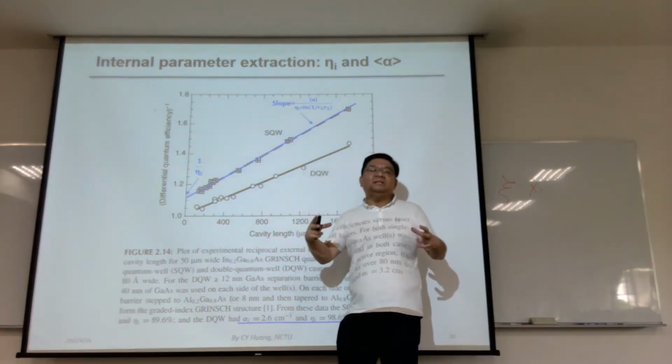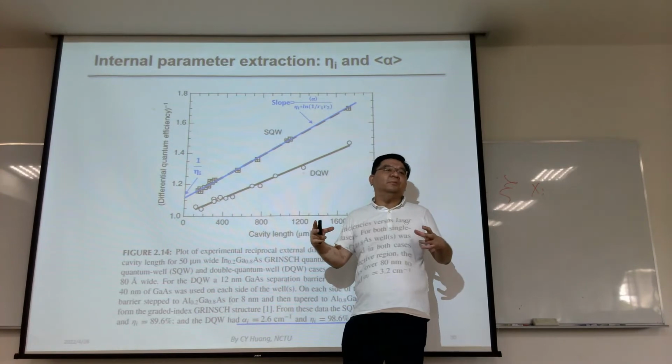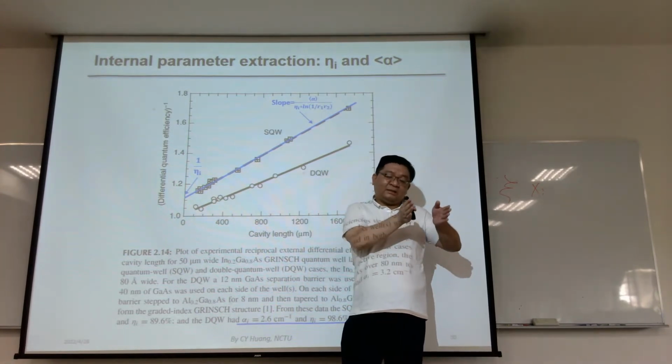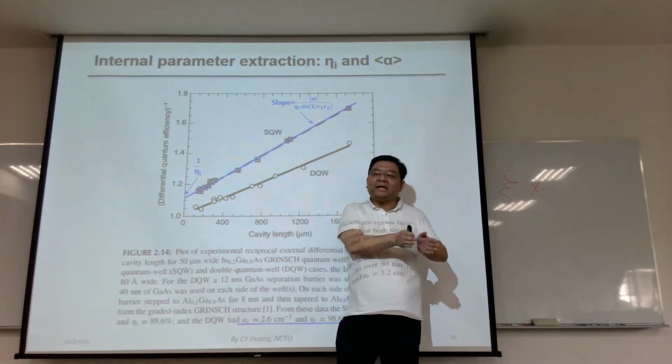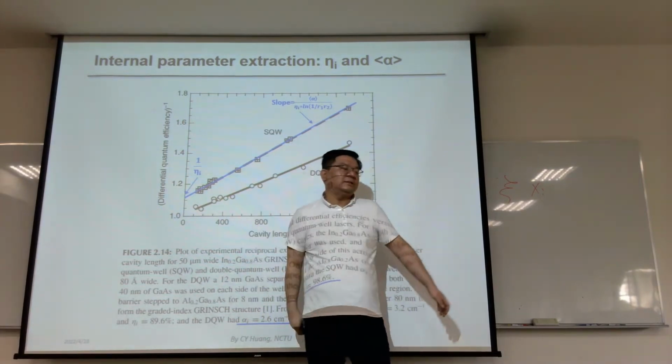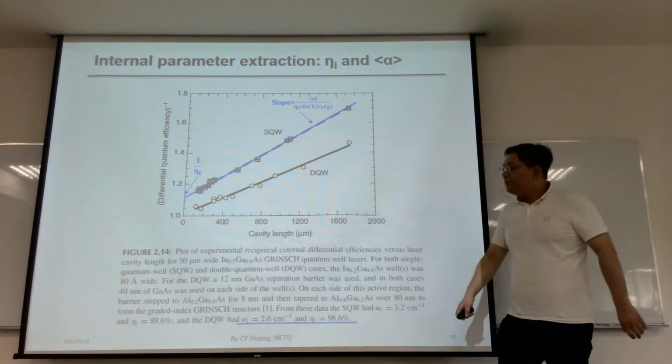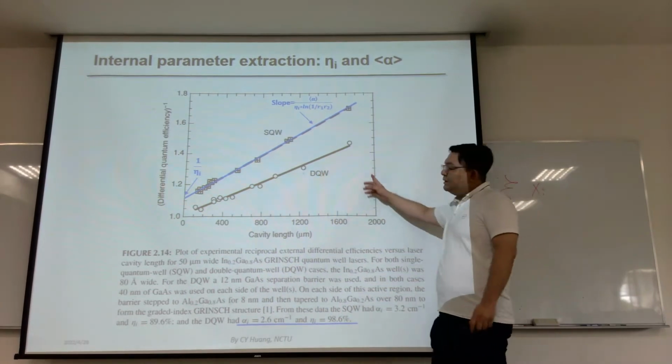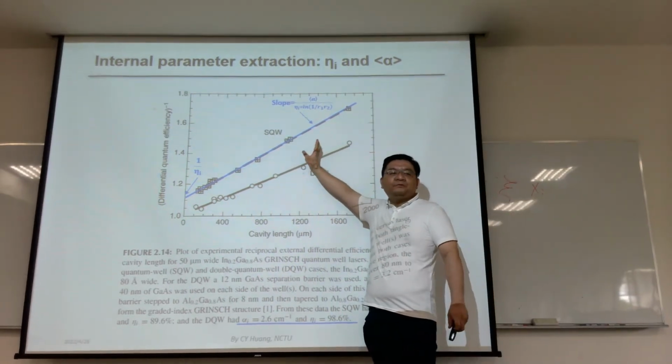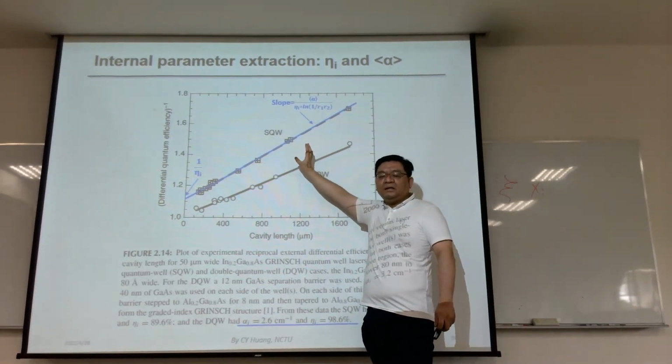That means your laser must have pretty good uniformity, or you cannot compare the laser on one side to the laser on the other side, and that will be a problem.